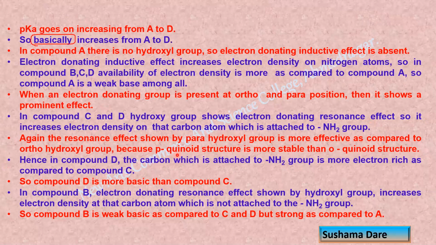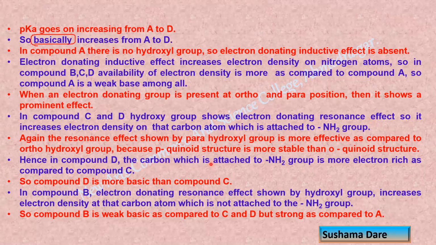So the para quinoid structure is more symmetric as compared to the ortho quinoid structure. Therefore, the resonance effect shown by the para group is more preferred as compared to the ortho group. So due to this, the para structure shows more resonating effect. Hence, para is a strong base.